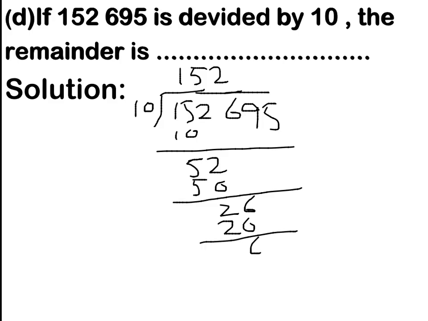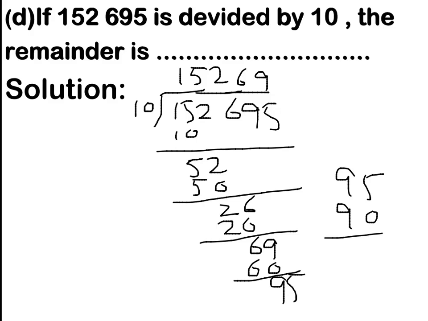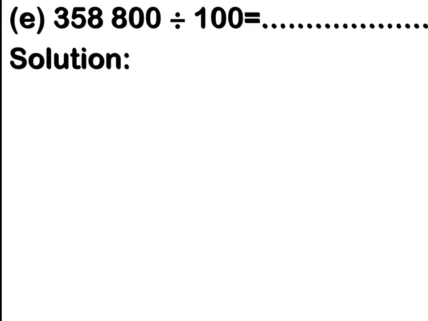Next digit is 9. 10 6s are 60. Next digit is 5. 10 9s are 90. 5 minus 0 is equal to 5. So the remainder is 5. So the answer is 5. Understand?